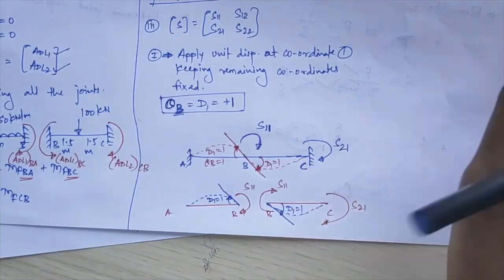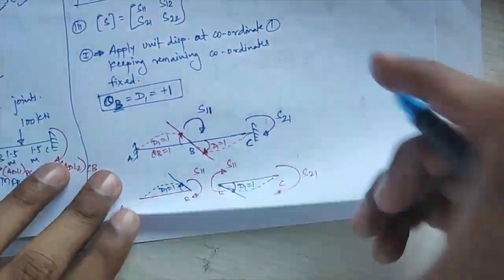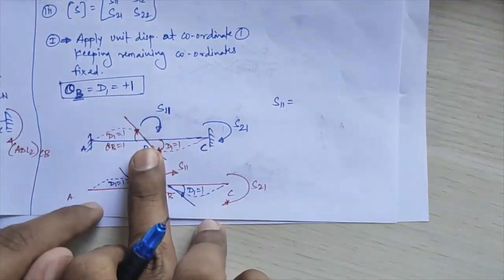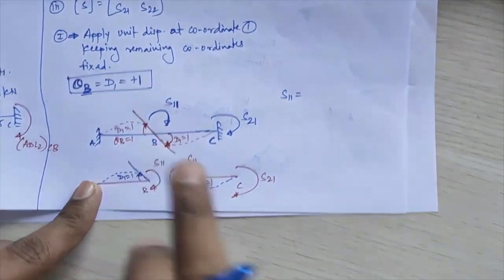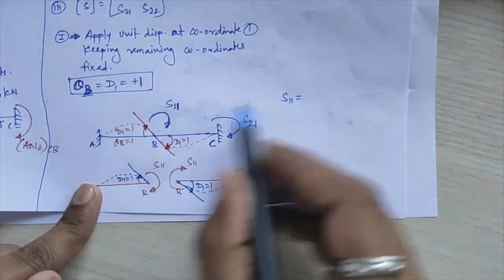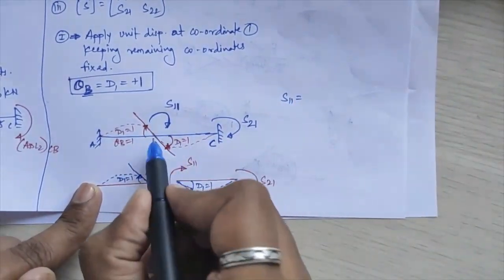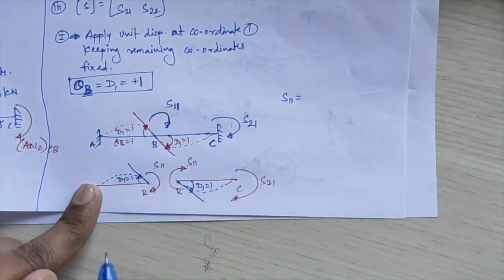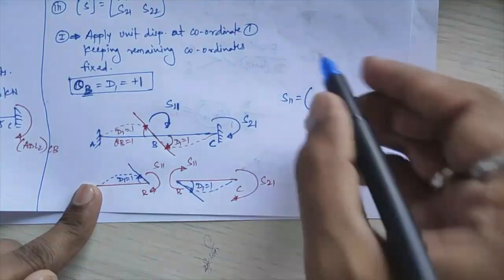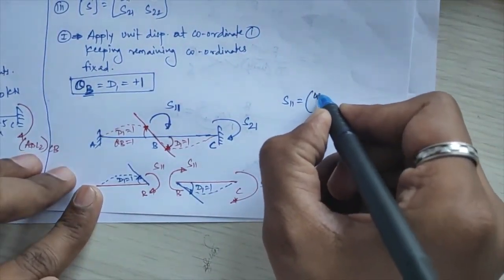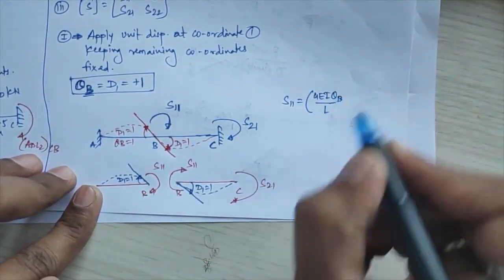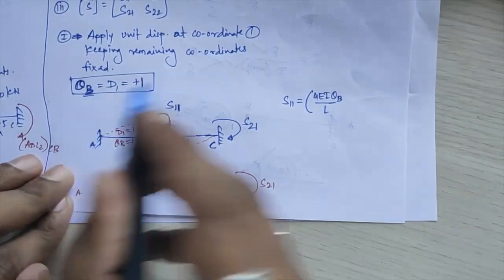Now we'll see the values of S11 and S21. So first the S11 value. Your unit displacement is applied at the first point, so here you have the near end and far end concept. If the unit displacement is at point B, this joint is the near end joint, and the near end joint will have the rotation moment of 4EI theta upon L, and that theta will be theta b, because we are looking at theta b.